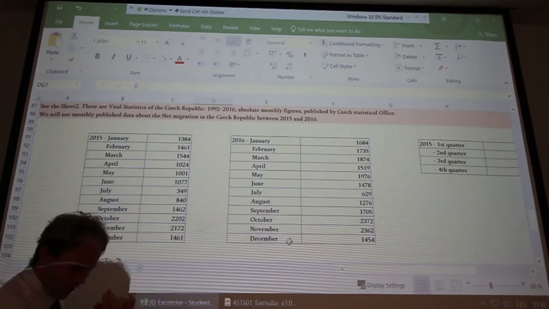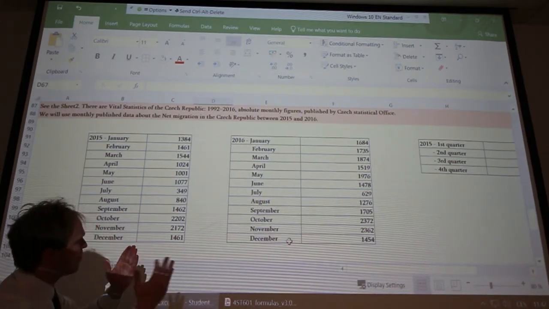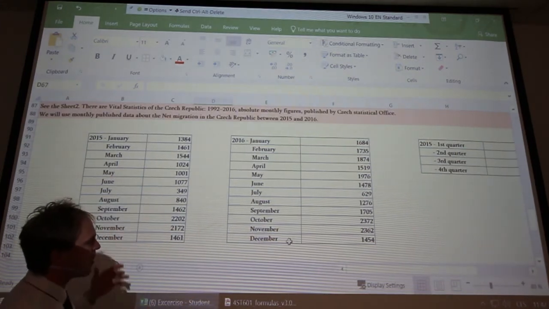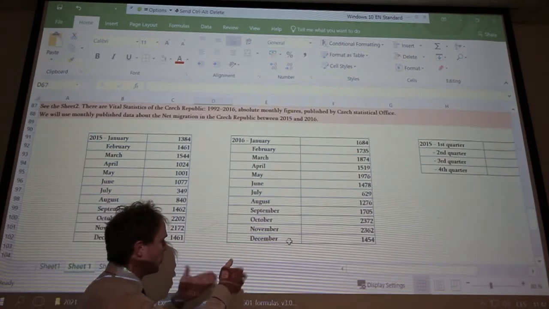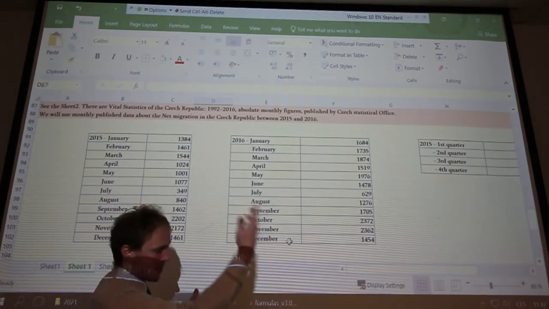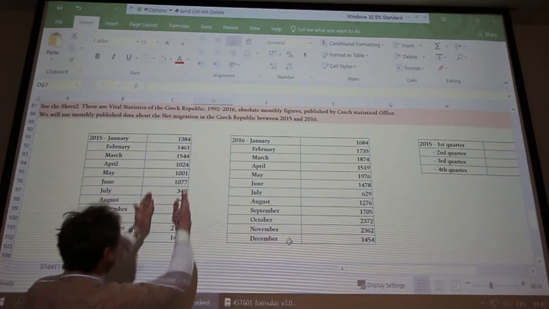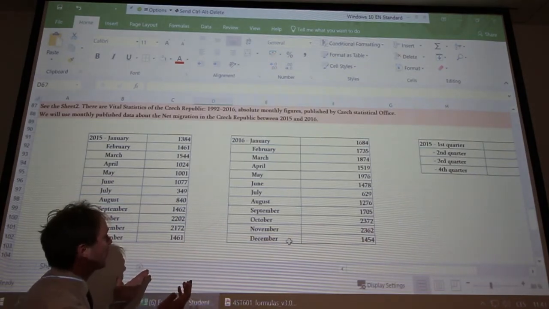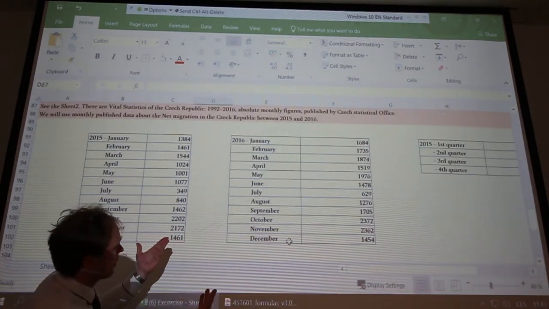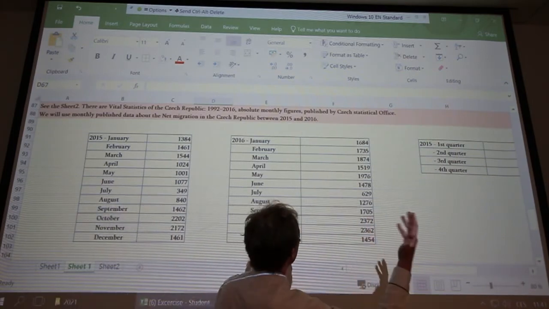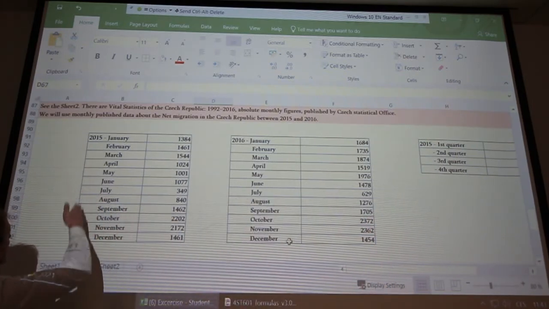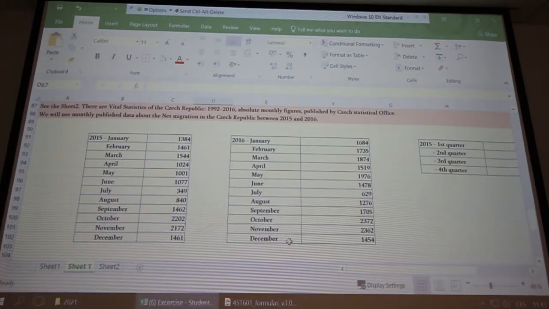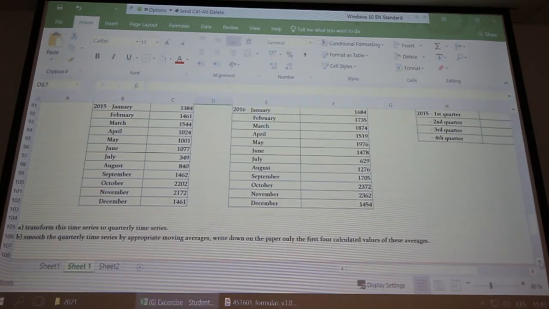Net migration is a difference between immigrants and emigrants. If the value is positive, you have in the country an increase of the number of inhabitants. If the value is negative, you have a decrease of inhabitants in the sense of migration. Yes, so you can see the values are positive in year 2015 and 2016, and we have written some tasks, yes.